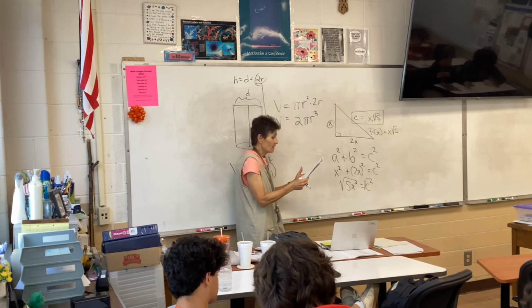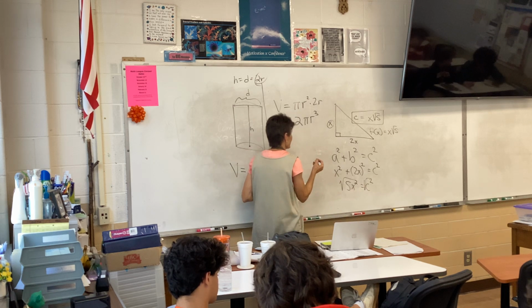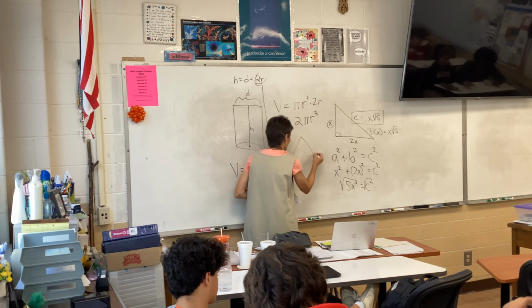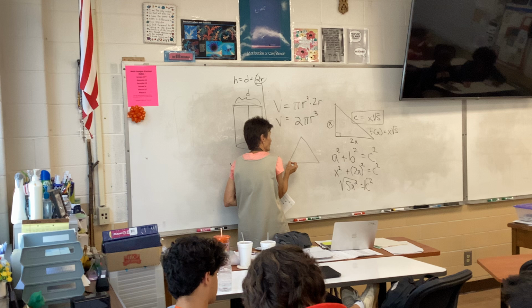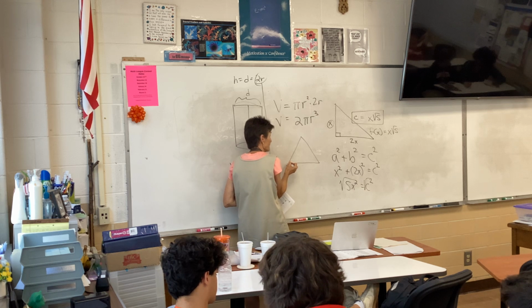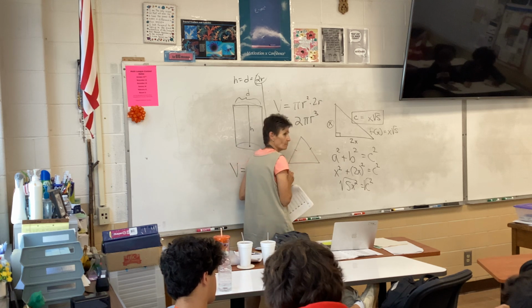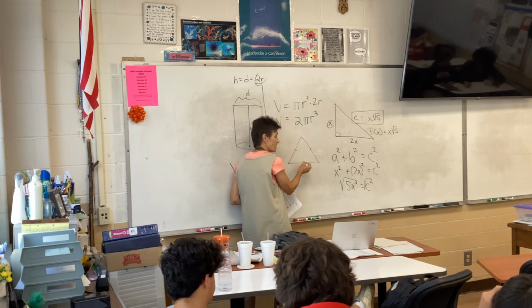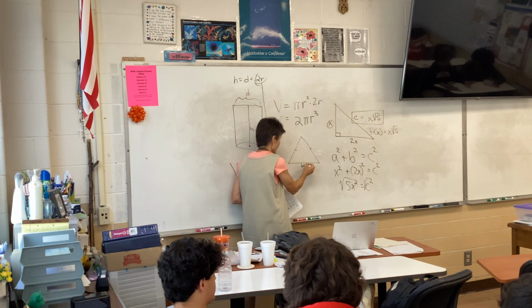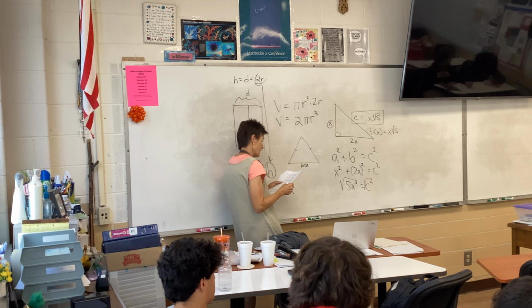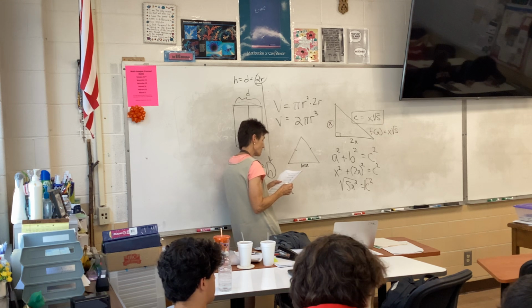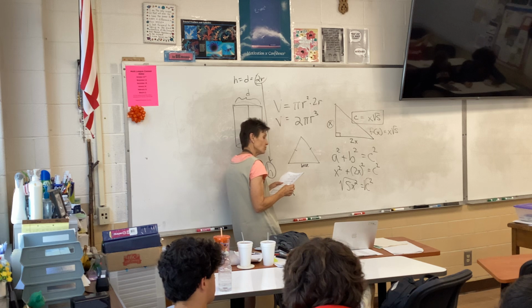Alright. The base of an isosceles triangle. Okay, what does that mean? What's isosceles? In an isosceles triangle, these two sides are equal. And this one is called the base, right? So the base of the triangle is half as long as the two equal sides.